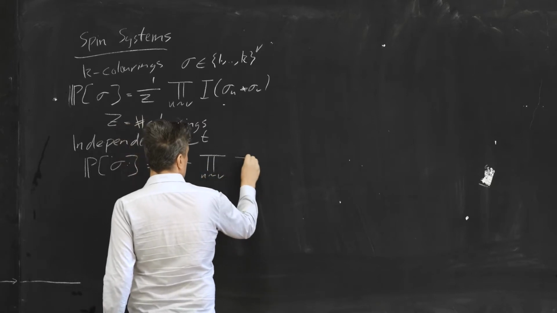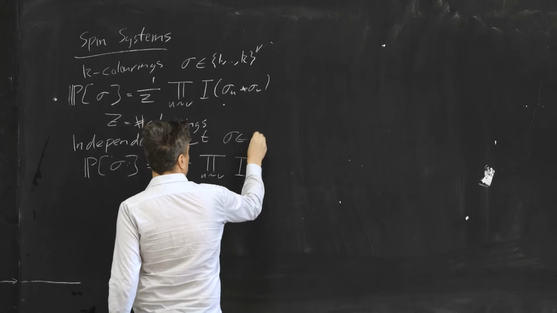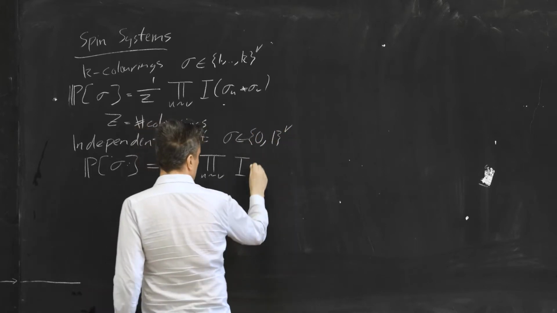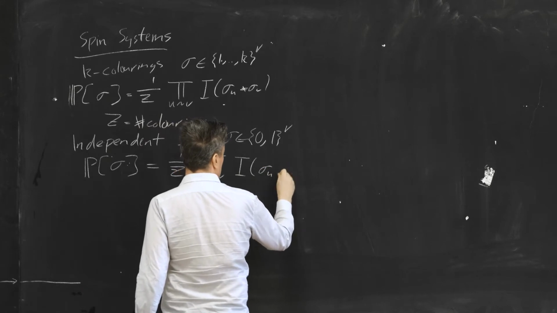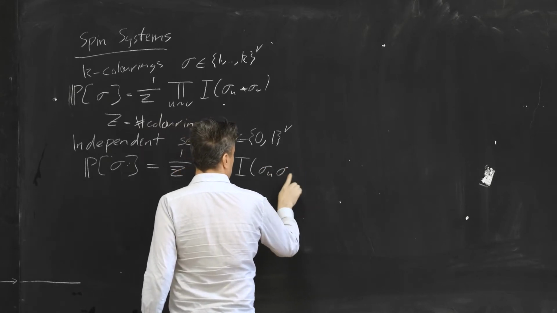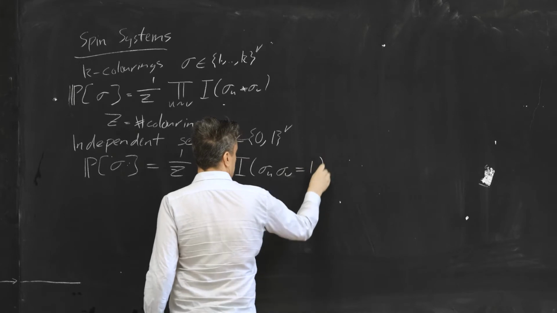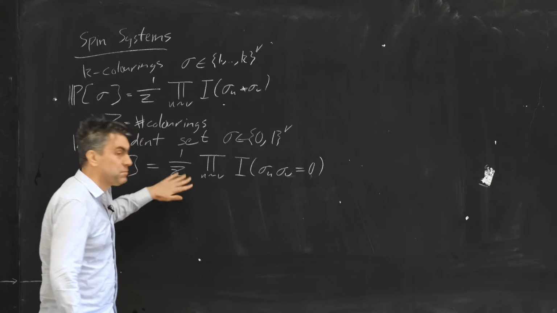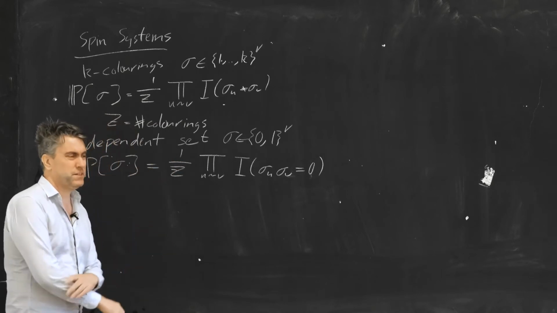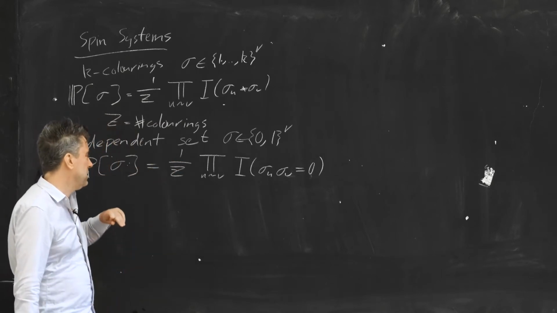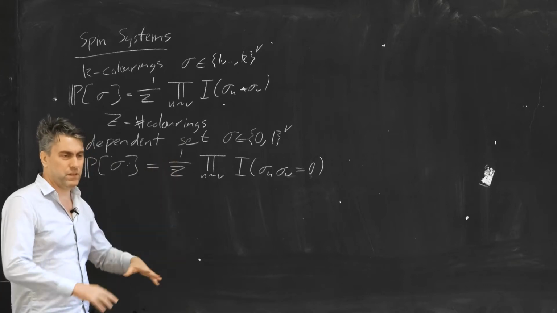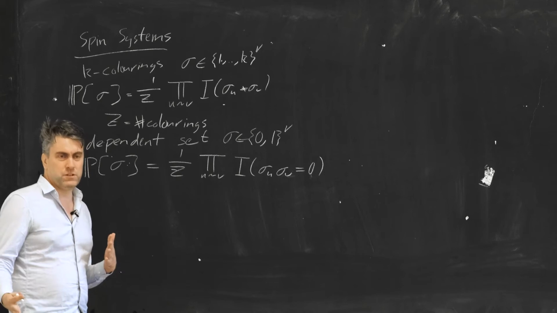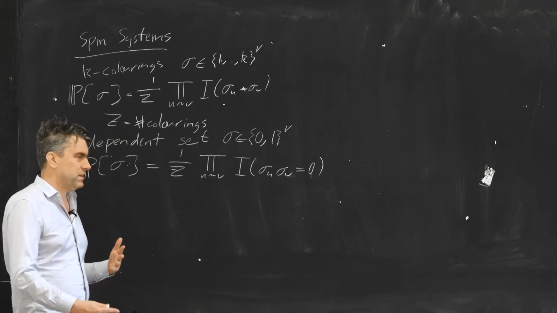This will be taking values 0 and 1 on each of the vertices, and now I want at least one of each neighboring pair to be 0. This will give me the uniform distribution on independent sets, but I'm going to be interested in the larger ones. So I might want to tilt the distribution towards independent sets that are bigger.